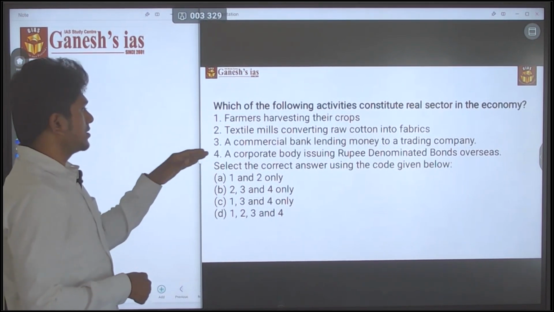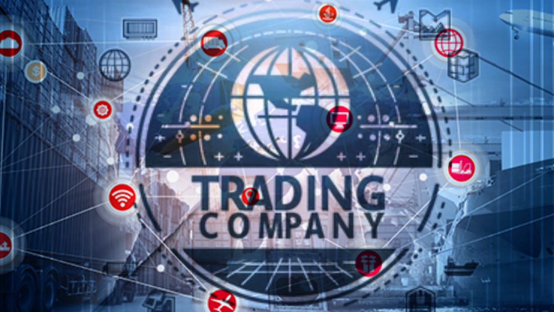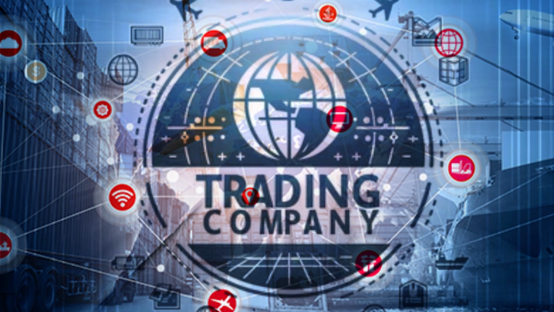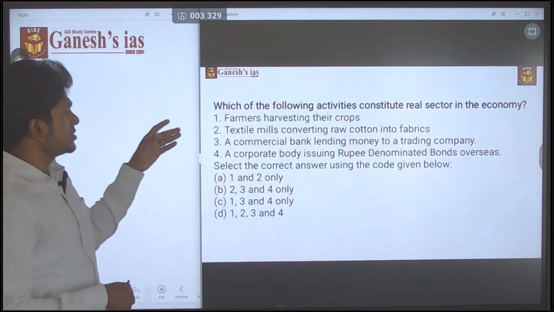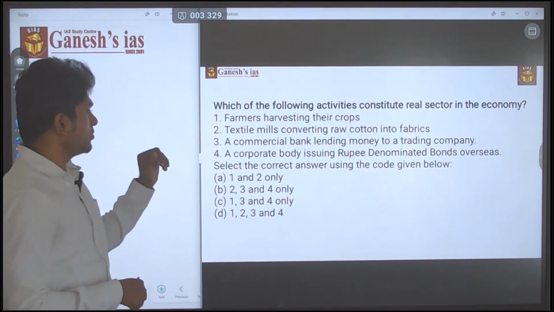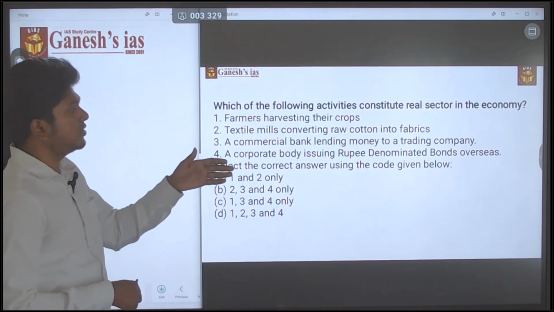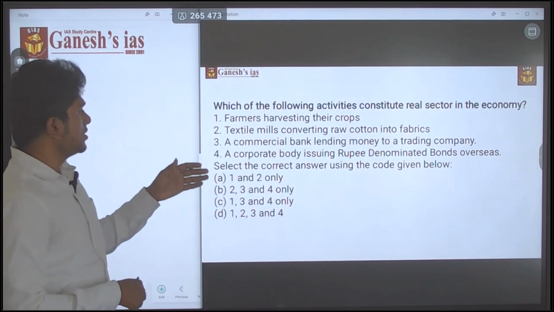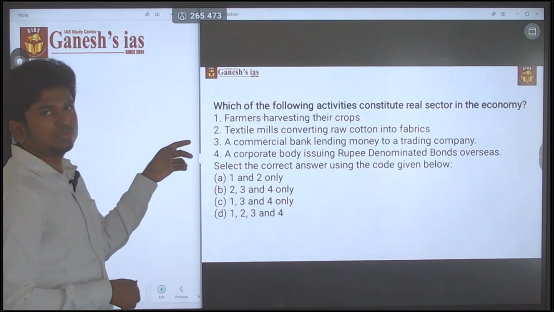Next, the third statement, a commercial bank lending money to a trading company. The first two statements look somewhat different from the third statement. Then the fourth statement, a corporate body issuing a rupee denominated bond overseas. The third and fourth look different from the first two.